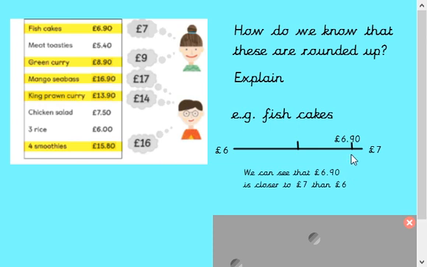Now I can see quite clearly that £6.90 is going to be closer to £7 than it is to £6. I can also look at the digit 9 and think to myself, 5 or more, I have to round it up. So £6.90 would be rounded up to £7.